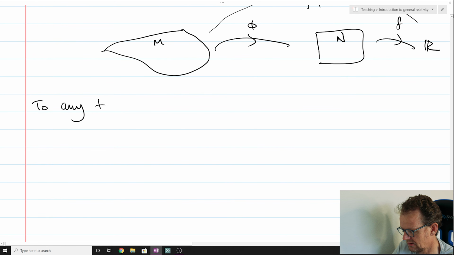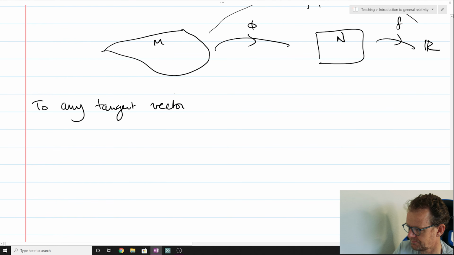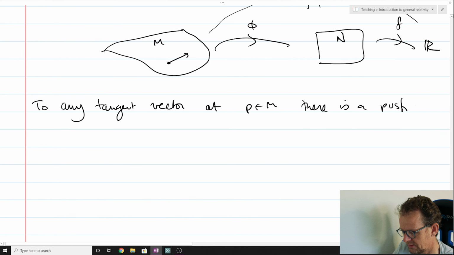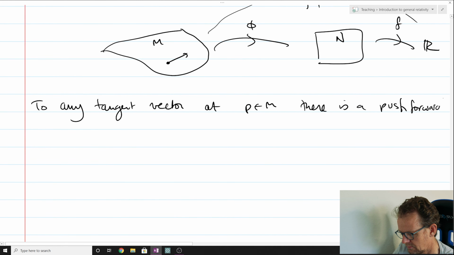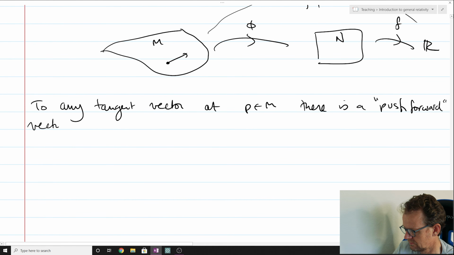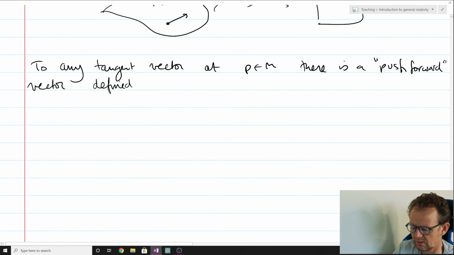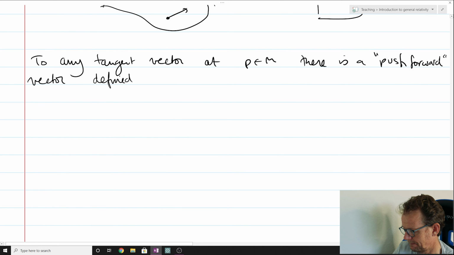Well, suppose you have a tangent vector at some point P in M, you can actually build in a canonical, standard meaning a so-called push forward that you can define canonically on N.